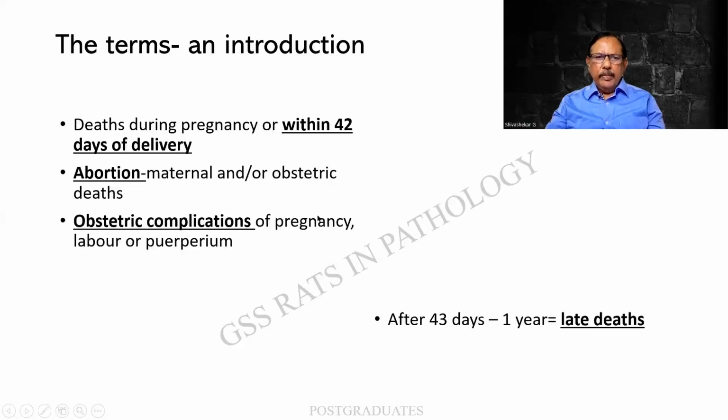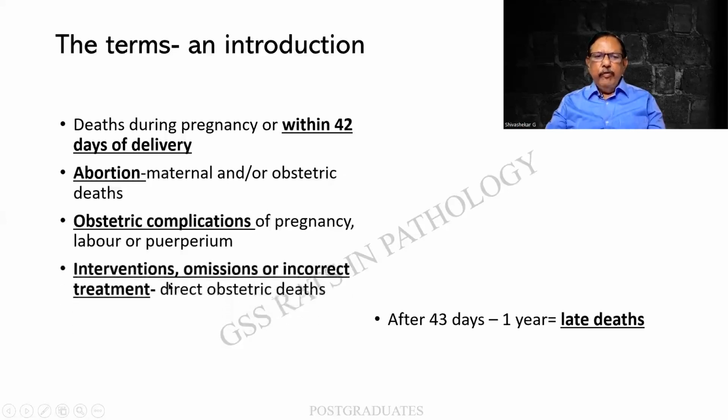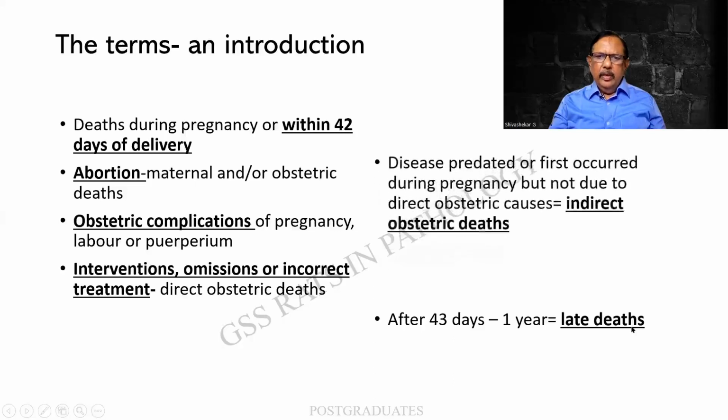Obstetric complications of pregnancy during labor or puerperium, and any form of intervention, omission, or incorrect treatment directly connected with obstetric deaths. So these are some of the direct causes of death during delivery. Whereas after 43 days to 1 year, it is considered to be a late death. There are some indirect causes also.